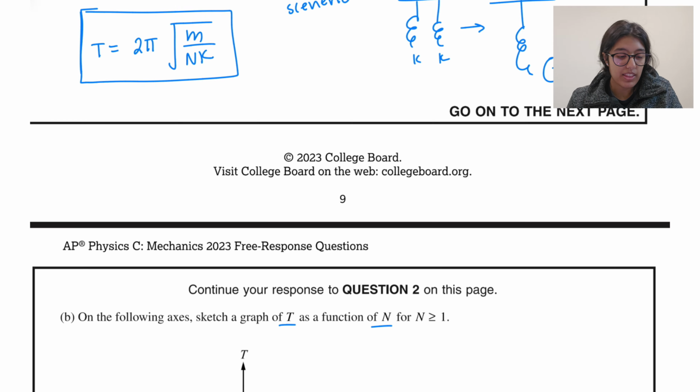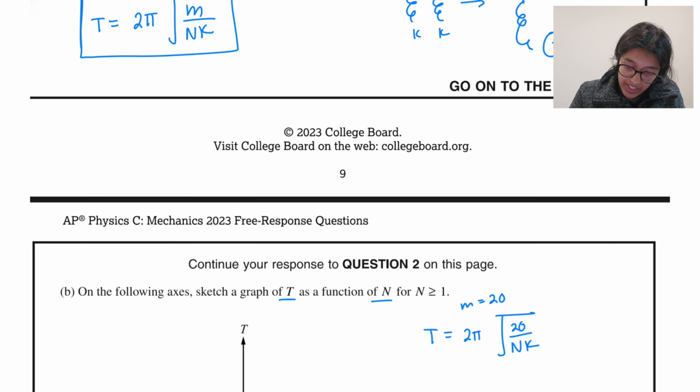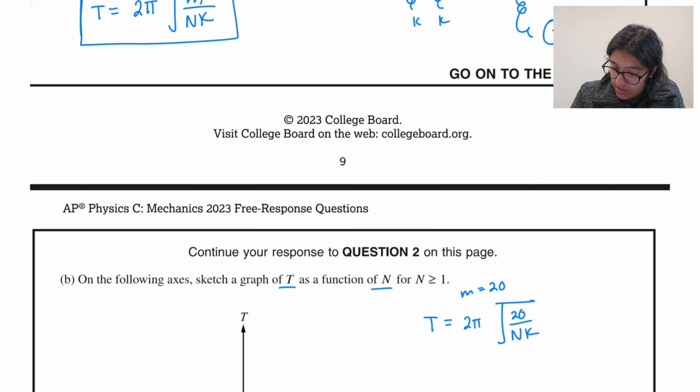Whenever I see a problem like this, I like to just replace in numbers. So I know the mass is going to just stay constant, right? So I'm going to say the mass is, I don't know, maybe like 20. So my new function is going to be T is equal to 2 pi square root of 20 over nk. Now I can also give a value for k, right?